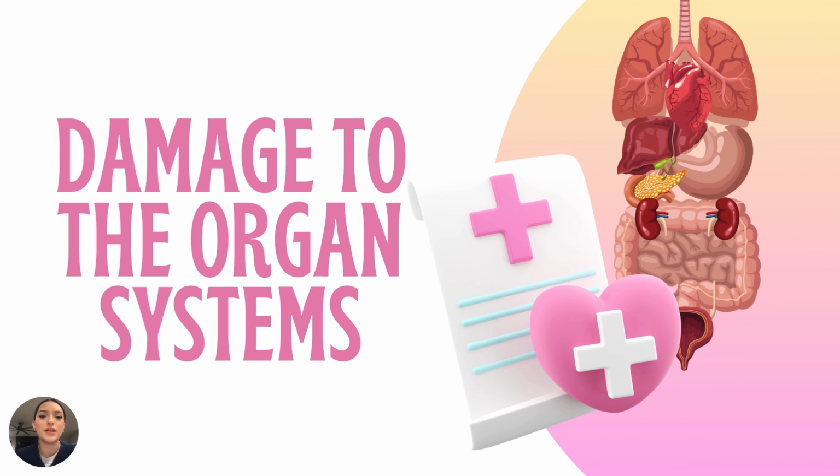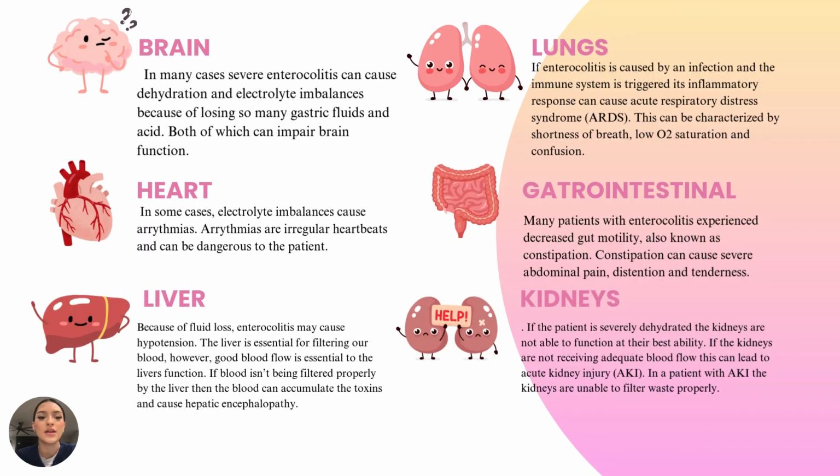So not only can enterocolitis affect your intestines and your GI system, but it actually can affect all of your organs. And so it depends what causes it and what that leads to. For the brain, in many cases, severe enterocolitis can cause dehydration and electrolyte imbalances, and those can alter brain function.